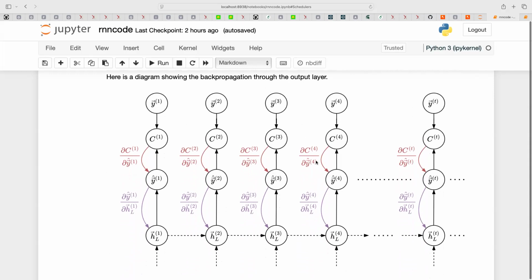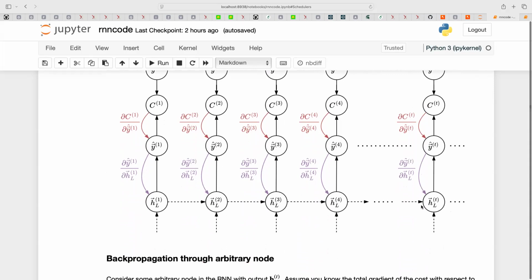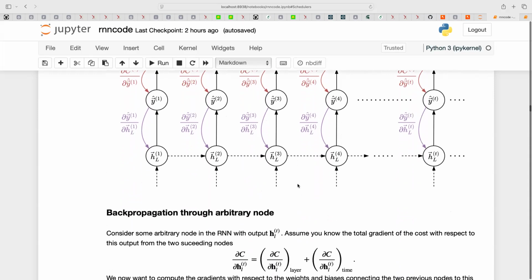So you're doing this going backward. So you have the output layer, you calculate the derivative here, and this propagates all the way down to the different nodes which you have here. So these are the type of derivatives which we need in the explicit setup of the back propagation through time.